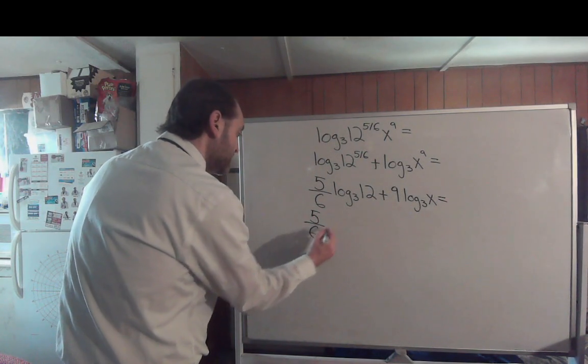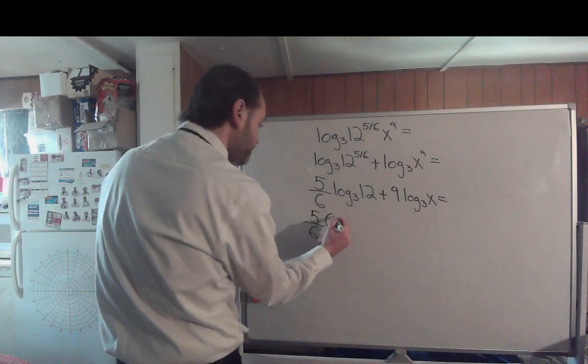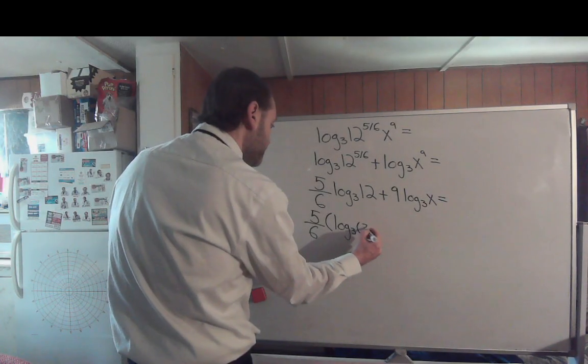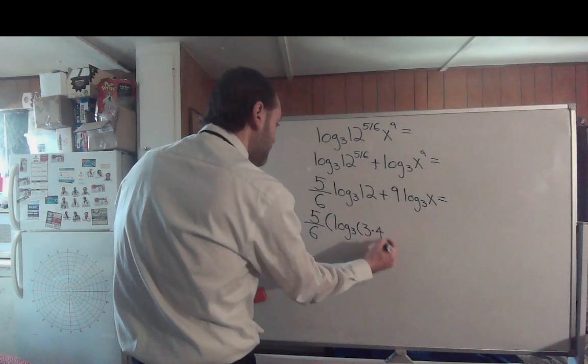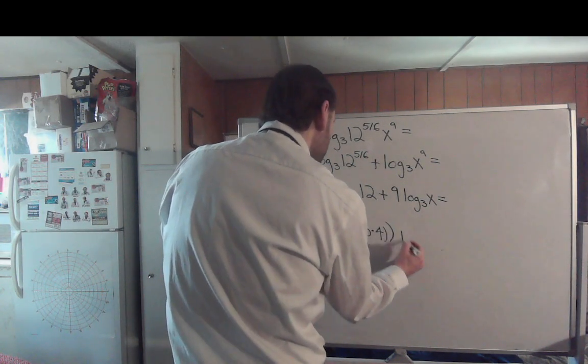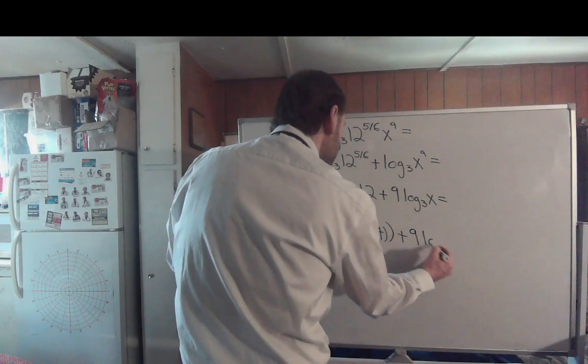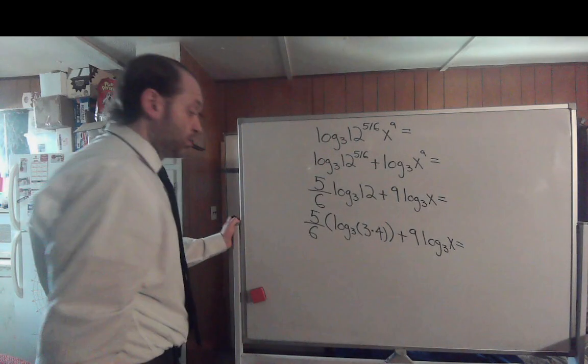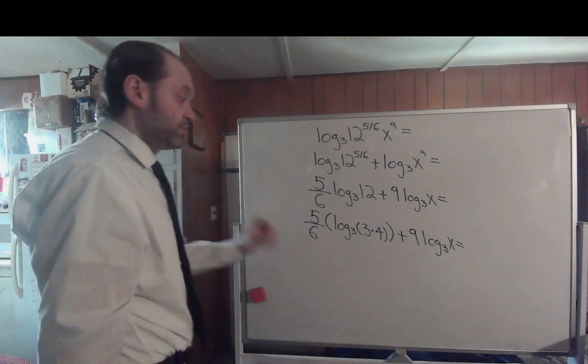5/6 times log base 3 of 3 times 4 plus then 9 times log base 3 of x. Well, now you have another product rule in these parentheses.